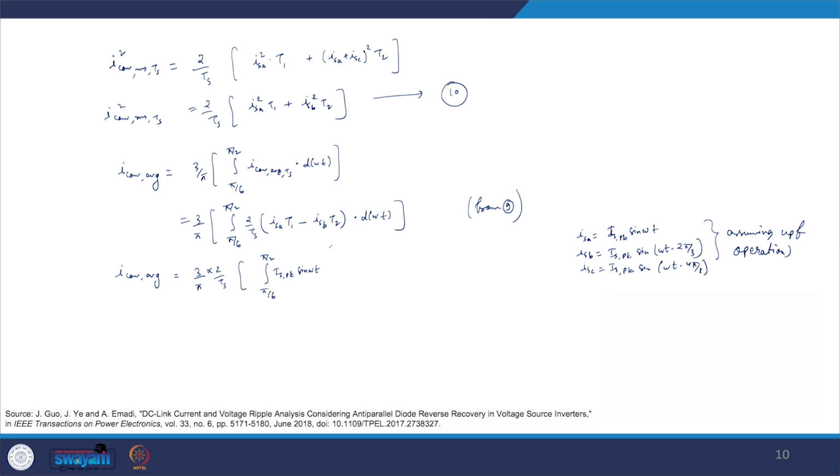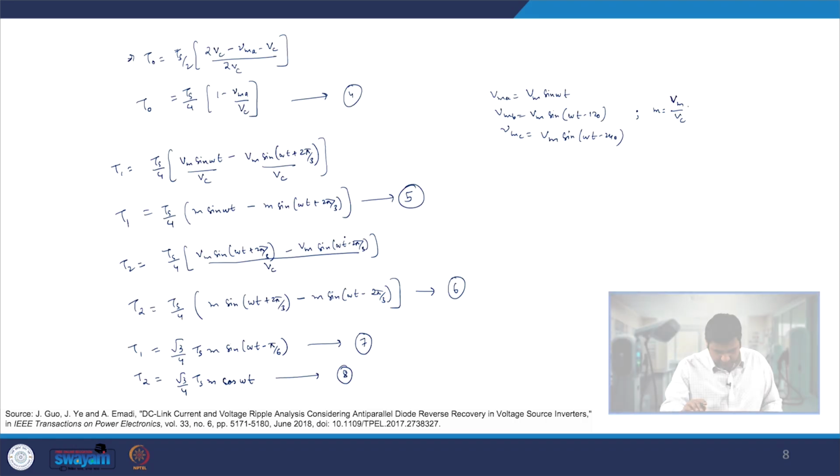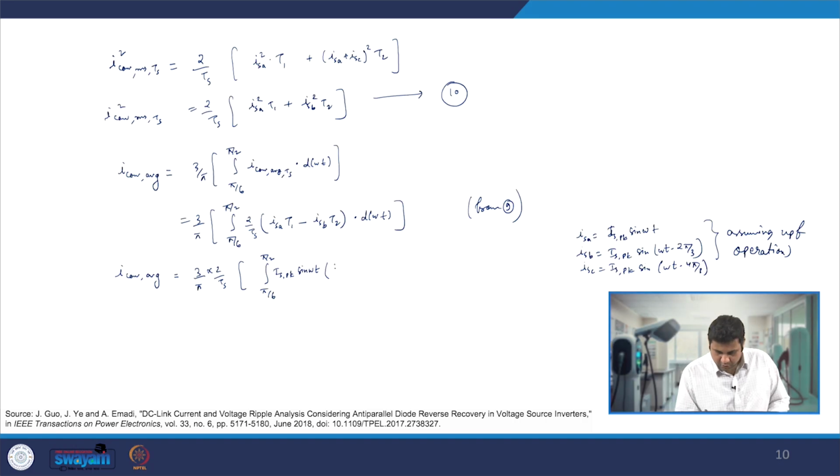T1, we know our T1 value is nothing but equal to, if we draw from here, root 3 by 4 Ts m sin of omega t minus pi by 6, and this is from pi by 6 to pi by 2.